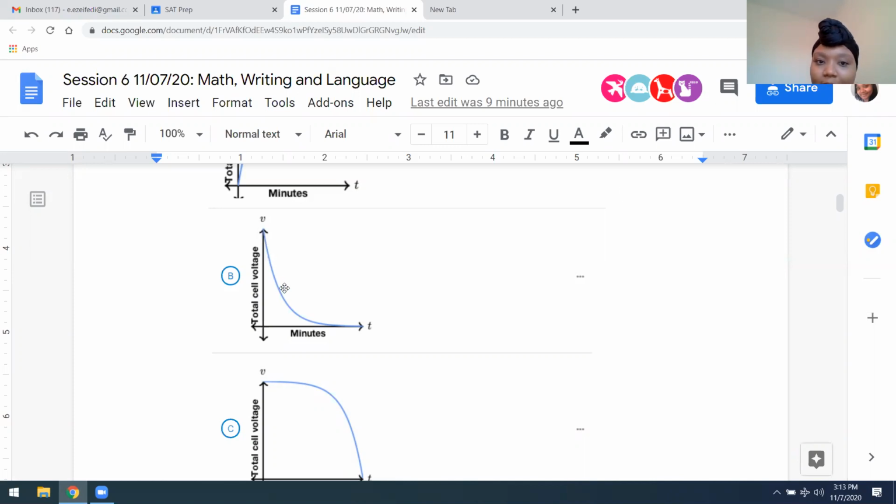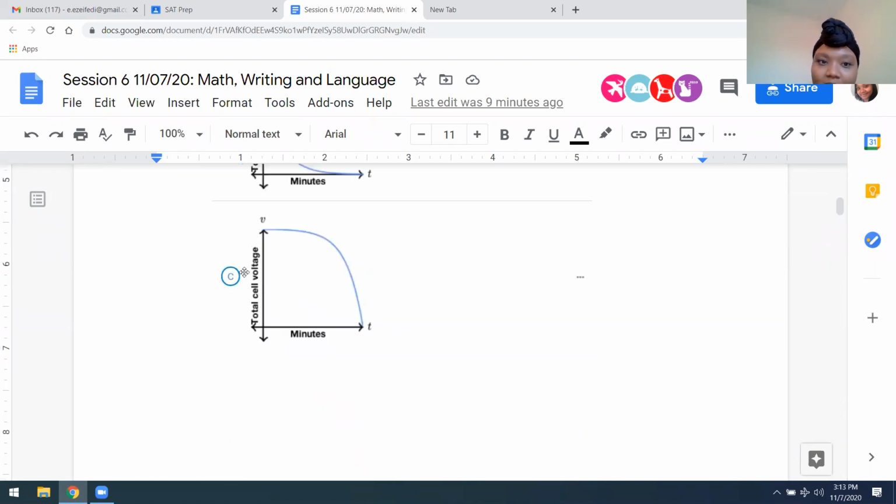And over time, it lost charge. So then C means again that it started off fully charged and over time it gradually lost charge.